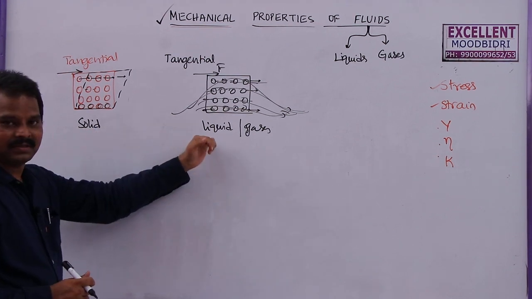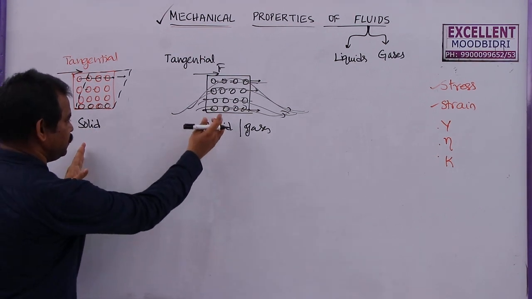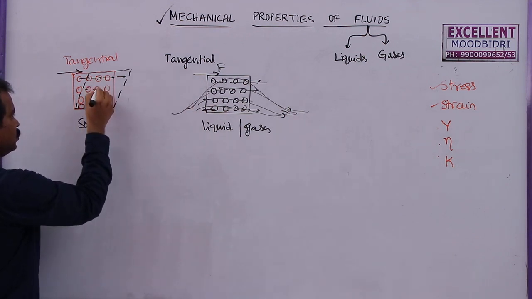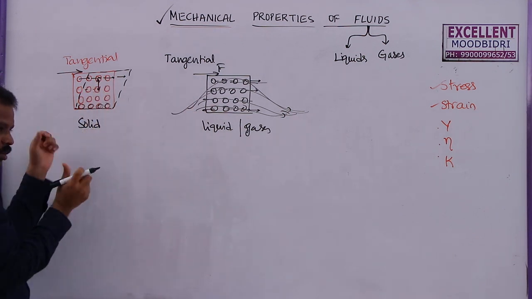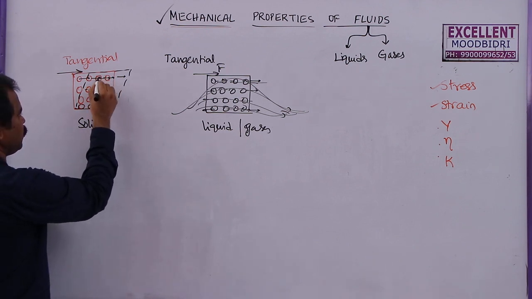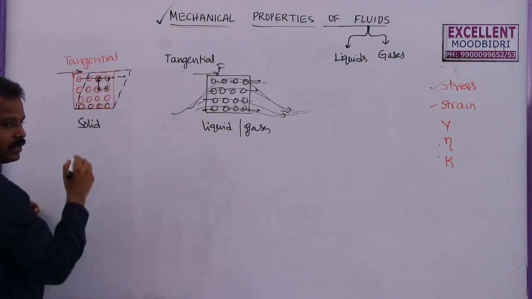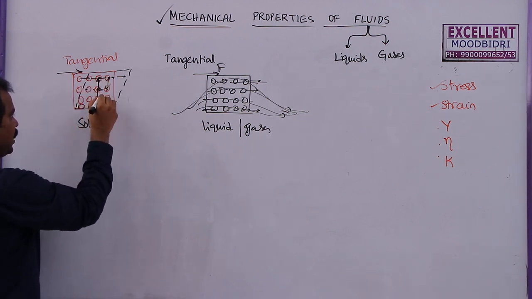The reason behind this behavior of fluids and the behavior of solids is, here these molecules attract each other with a large force. Similarly, these two molecules also will attract each other. So all the molecules will attract each other.